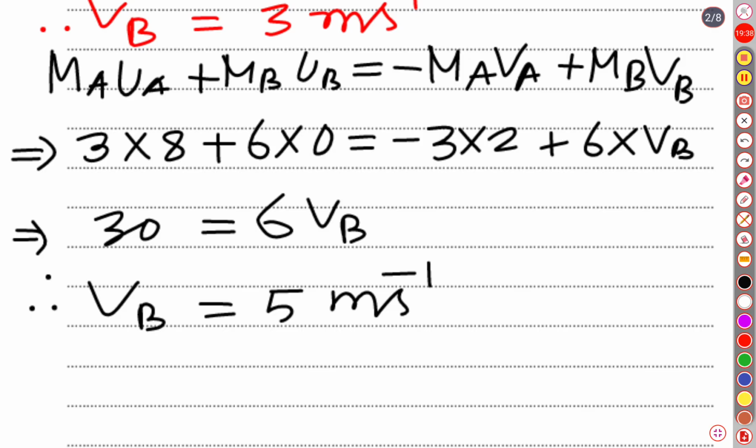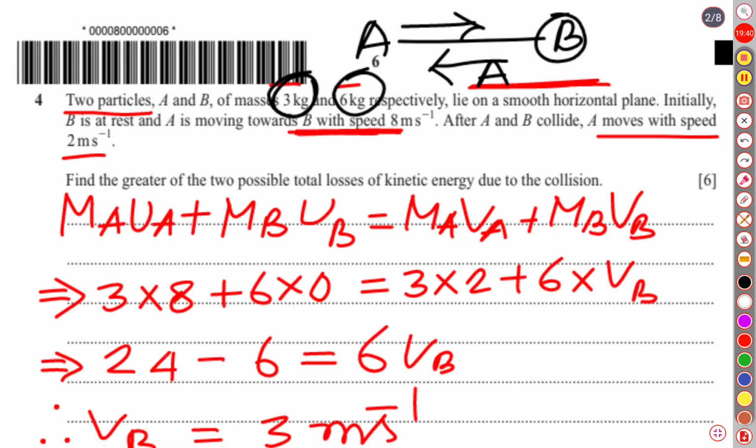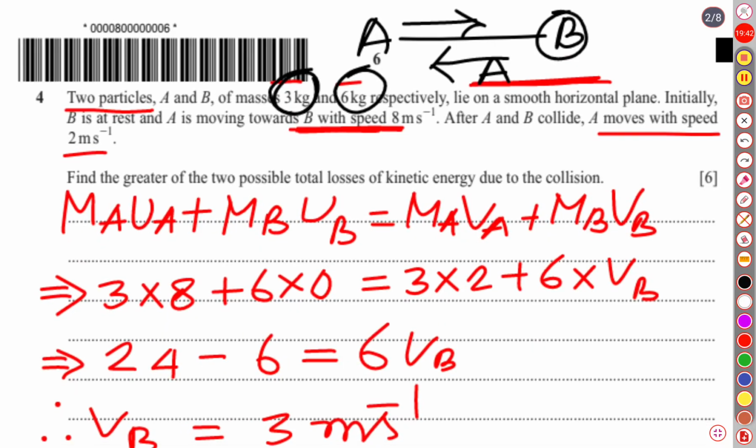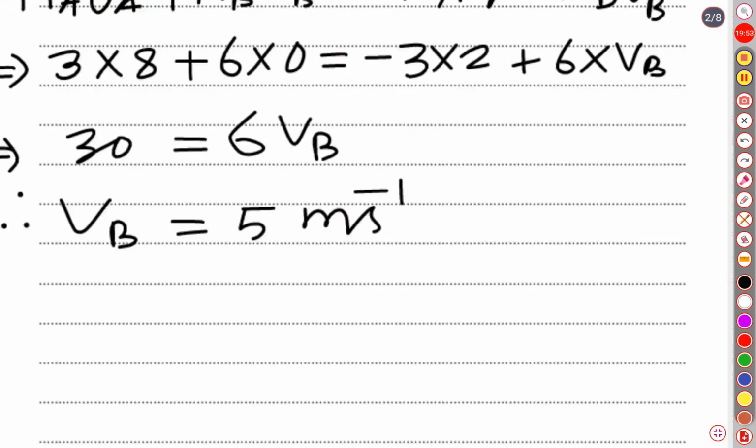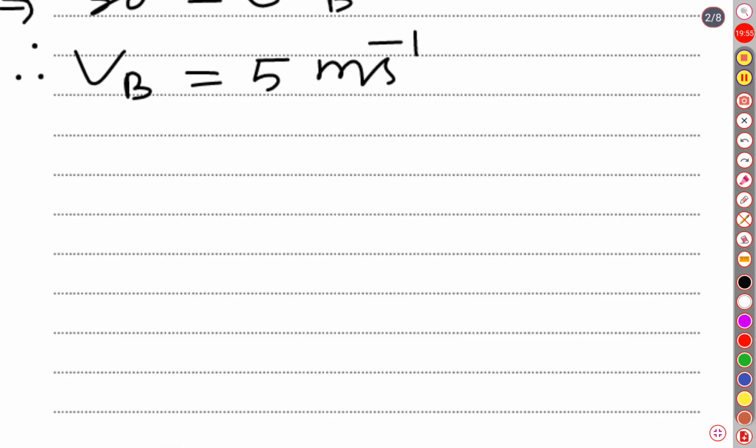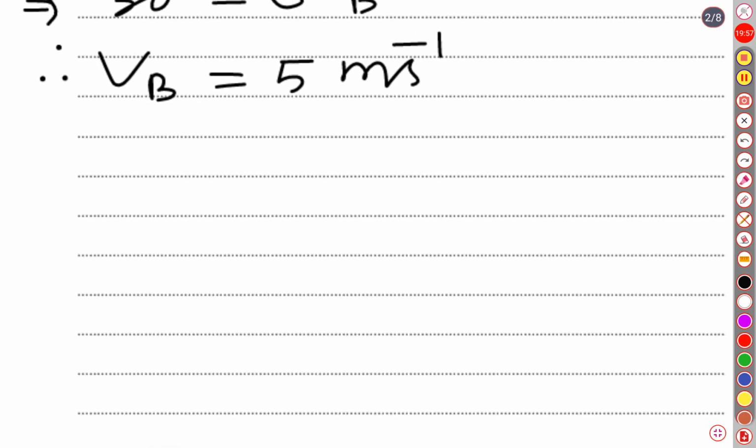Now we are not deviating from the question. The question told us to find the greater of the two possible total losses of kinetic energy. So they have told us to find the loss of kinetic energy due to collision. We know the concept of loss of kinetic energy.